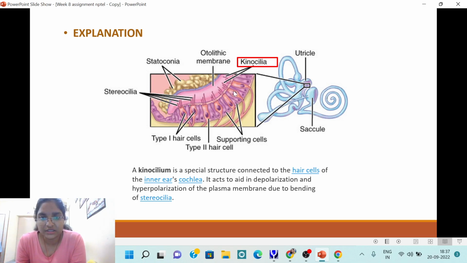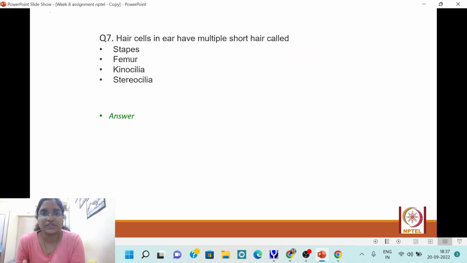This ear also has a plasma membrane. It also undergoes action potential and signaling, and the kinocilium and stereocilia connected to the hair cells take a major part in that action potential in the ear, right? So we'll move on to the next question.